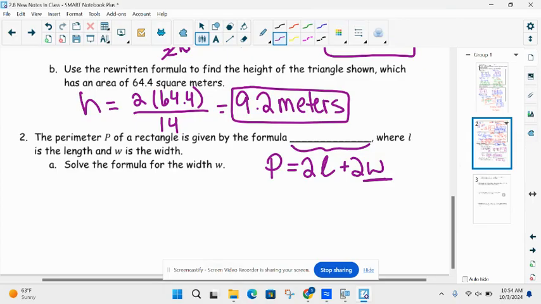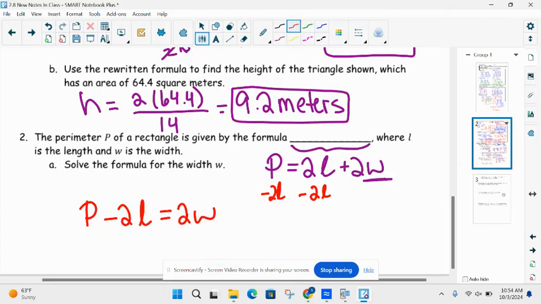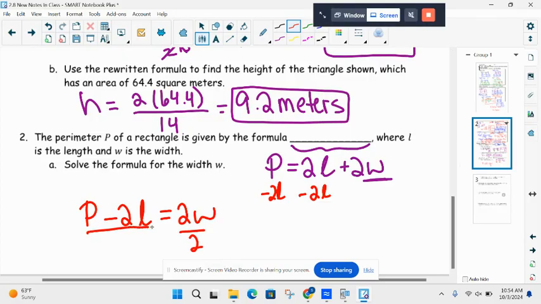So step 1, subtract your 2L over. So you would do P minus 2L equals 2W. And then you would divide by the 2. I'm just going to divide the whole thing by 2 like that.